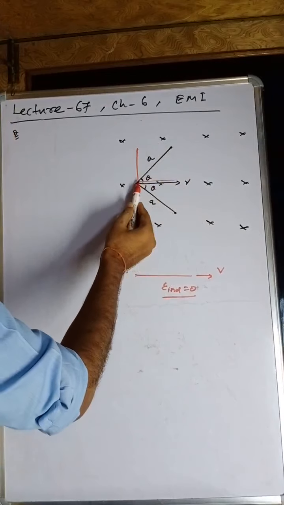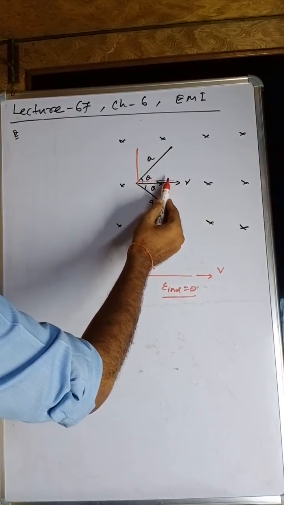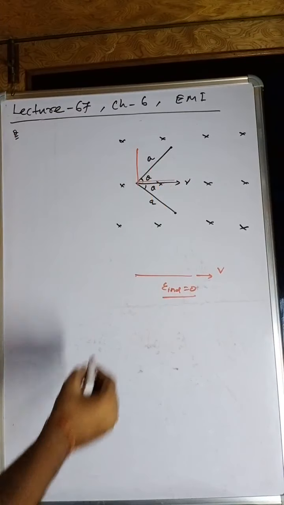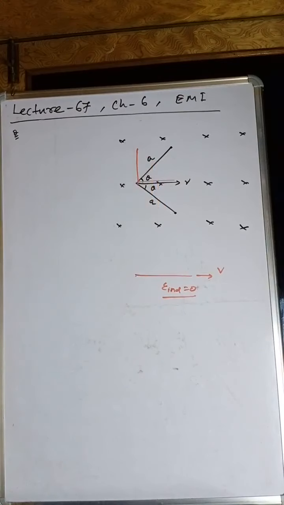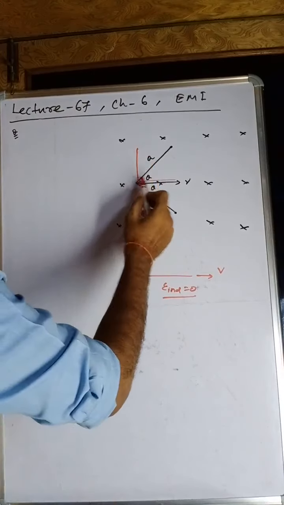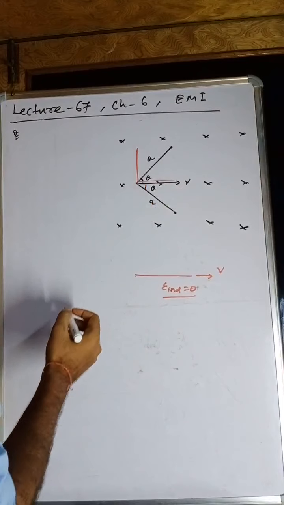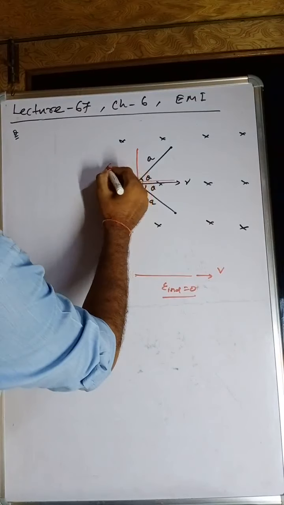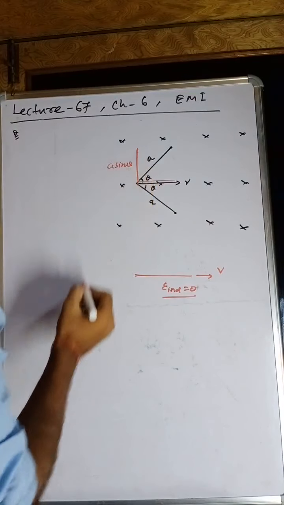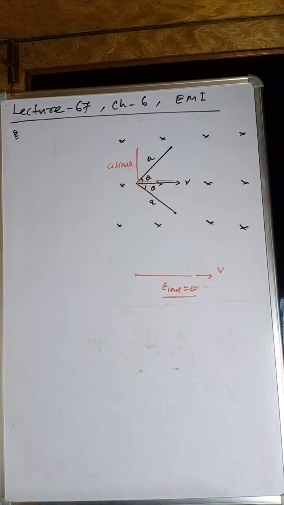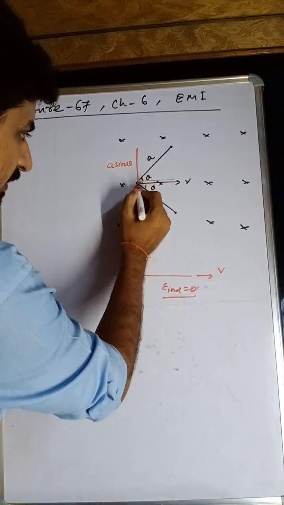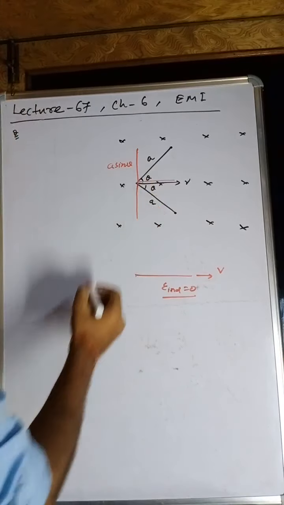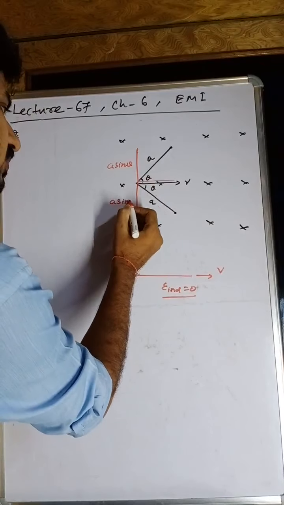The component in the horizontal direction will not have any induced EMF, and the component perpendicular to the horizontal one, that is the vertical, which is A sine theta, will have some EMF induced. In a similar way, there will be A sine theta for this one also.